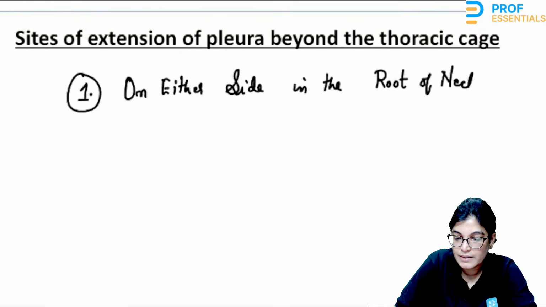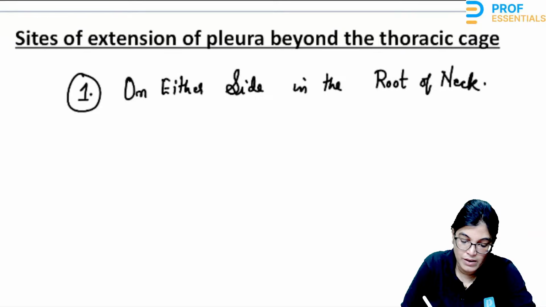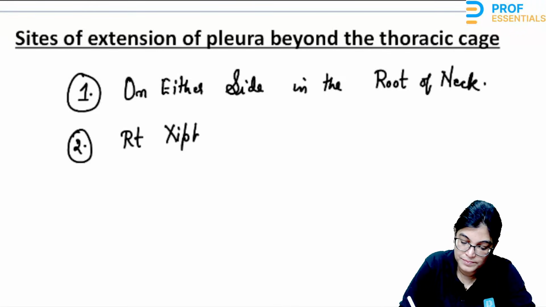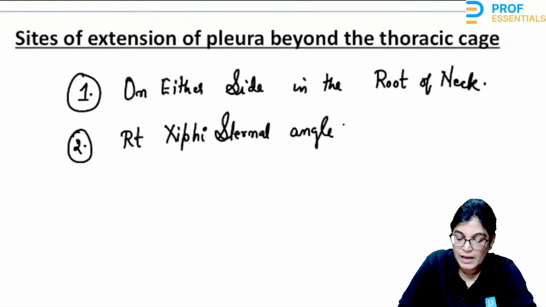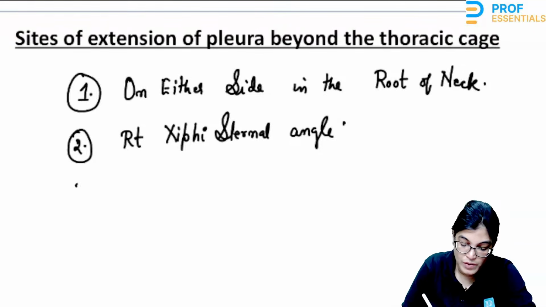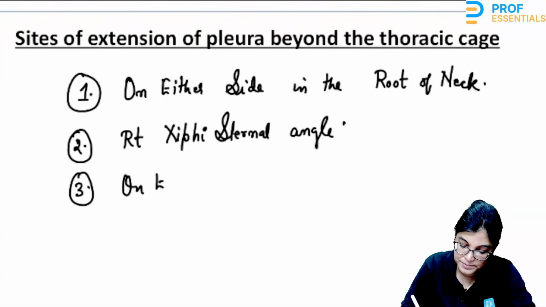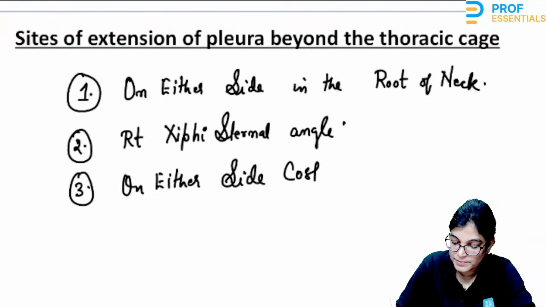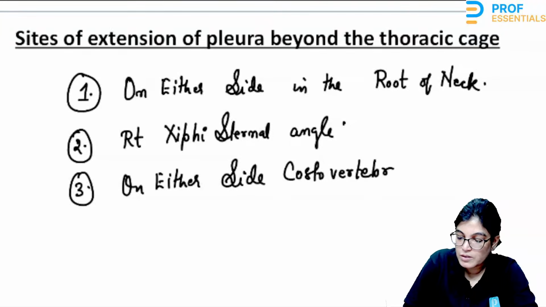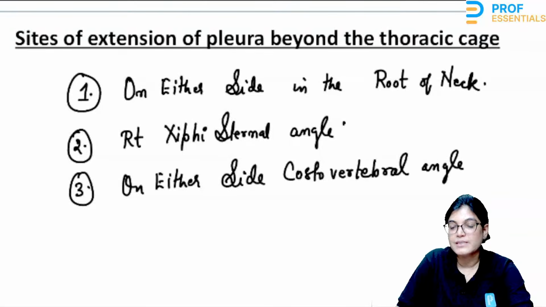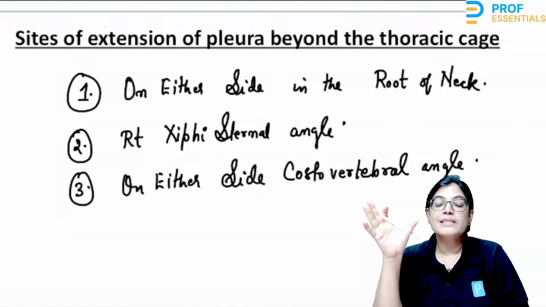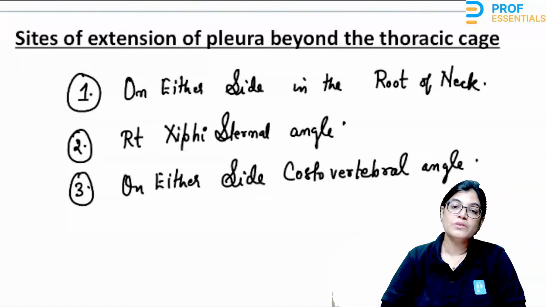It will extend, and it will also be seen on the right side in the xiphisternal angle, and on either side of the costovertebral angle. So the first site is the obliteration of the costodiaphragmatic recess. It can extend into the right side of the xiphisternal joint, towards the root of lung, onto the costovertebral angle.